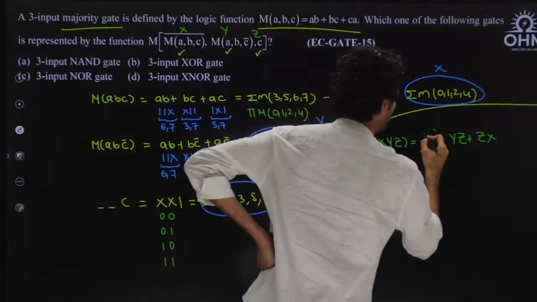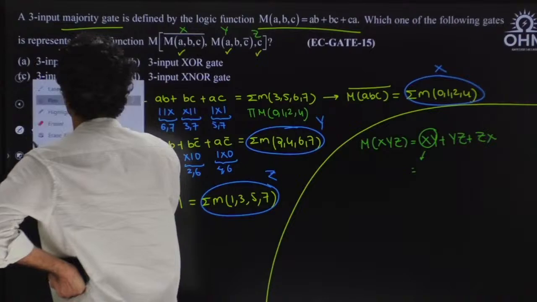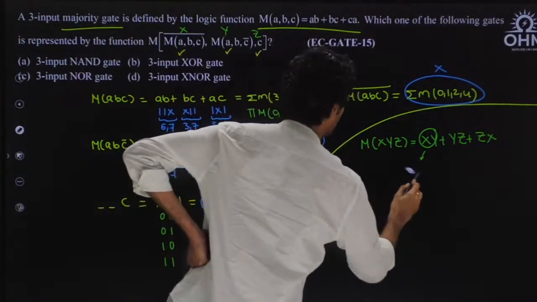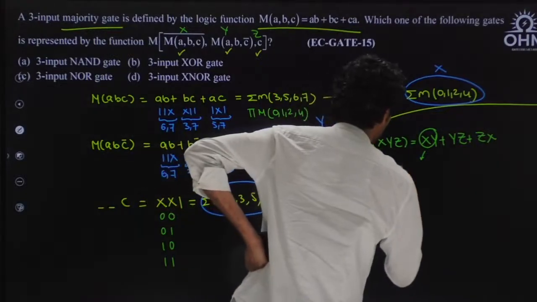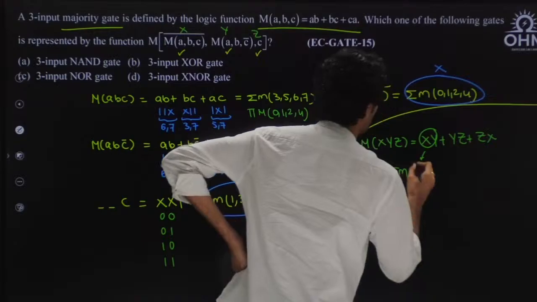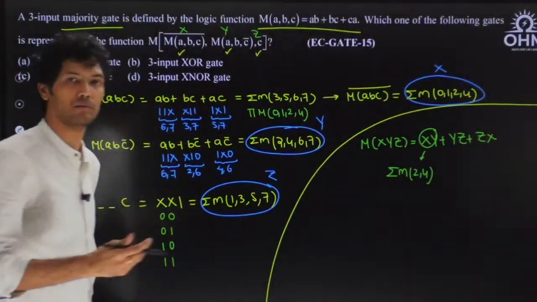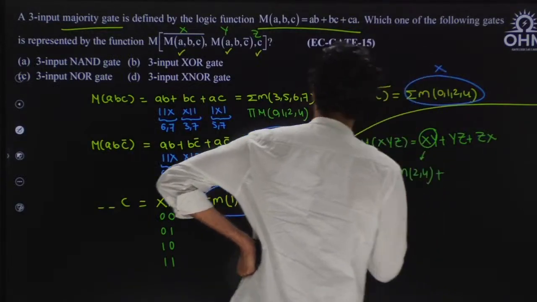So x and y can be written as sigma minterms x, y. All I am taking is common minterms in x as well as y: sigma minterms 2, 4. Then what about y and z? So let us take y here, z here.